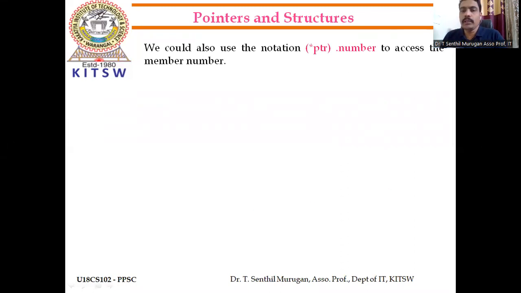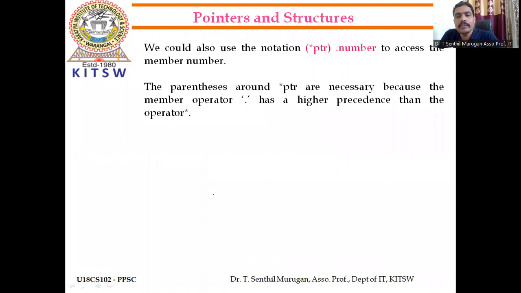So if you want to use the operator, you just remember this. We could also use the notation asterisk pointer dot number. Okay. So we can also use it to access the member number. If you are using this, we must use the parentheses.